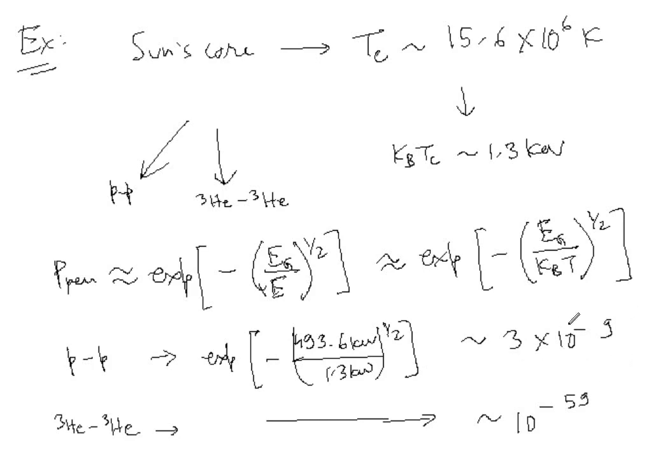The range is roughly from 10 to the power minus 10 to 10 to the power minus 60. So what we see is that even with quantum tunneling, the probability that any particular pair of nuclei will react is extremely small.